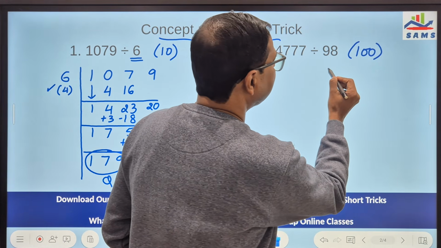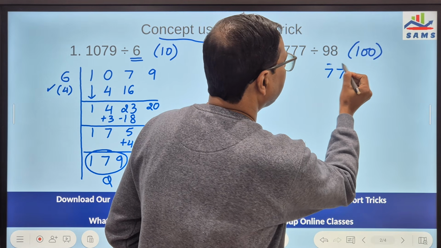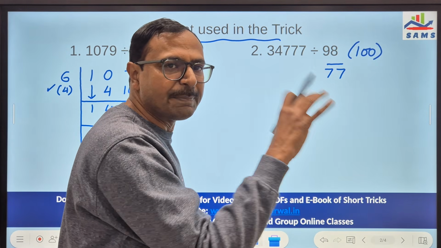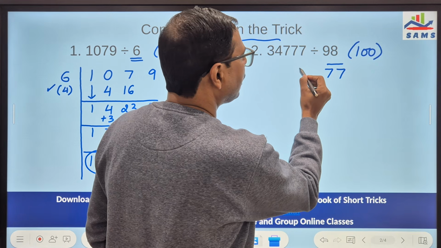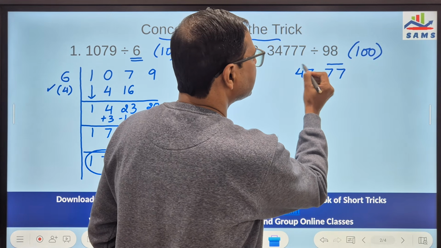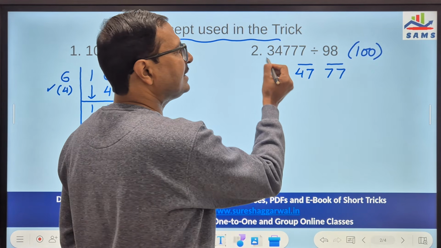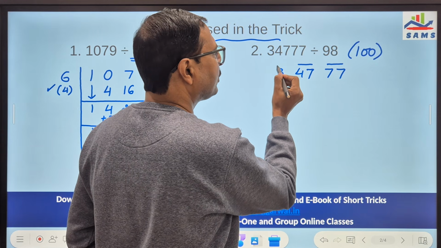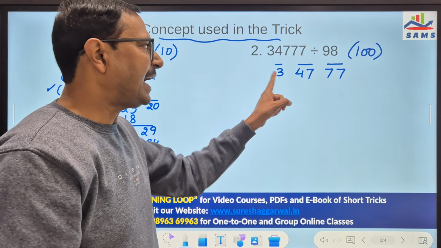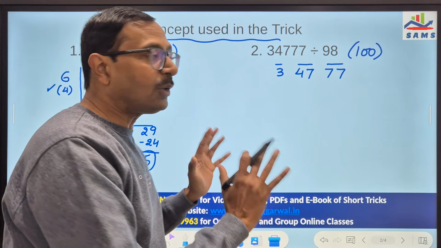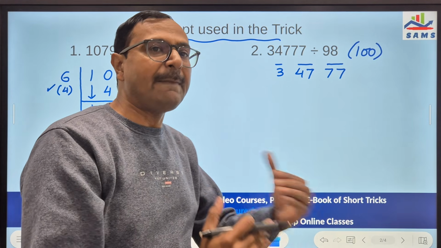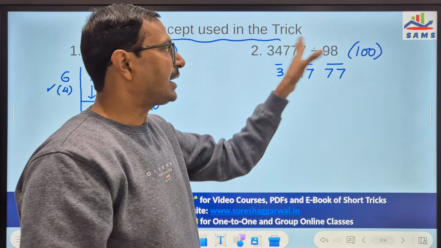So 77 forms one pair, so I'll put a bar over this just to represent that it is a pair. Then 47 forms another pair, so I'll just separate it using a little bit of space here. And then 3 is left out as it is, so no problems, I will keep it intact. Now this is how you need to write the dividend, by pairing the digits from the right hand side.